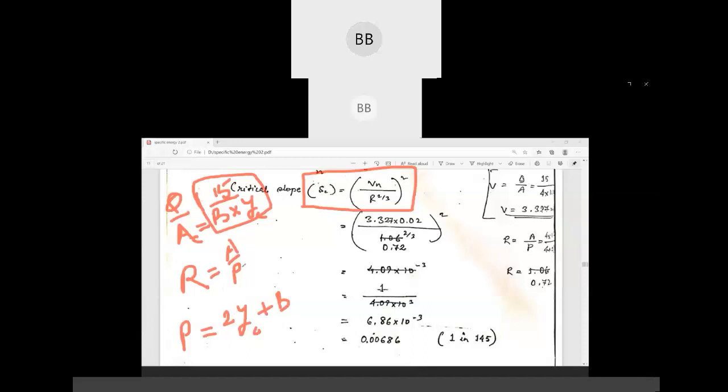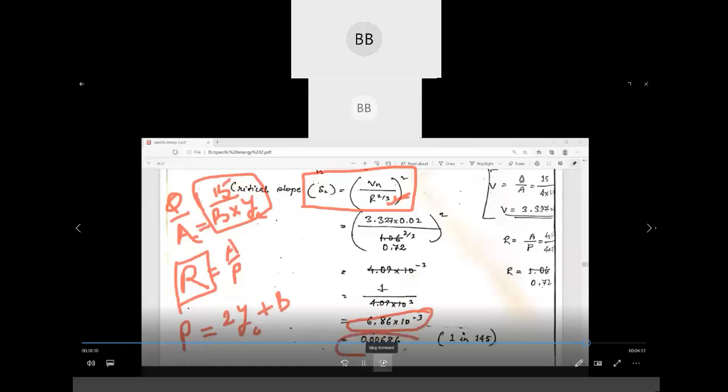Then you substitute area and wetted perimeter, find out the R value, substitute here, and you can directly find out the slope. See if you are getting the same value or not. Specific energy: you only need to understand this graph.